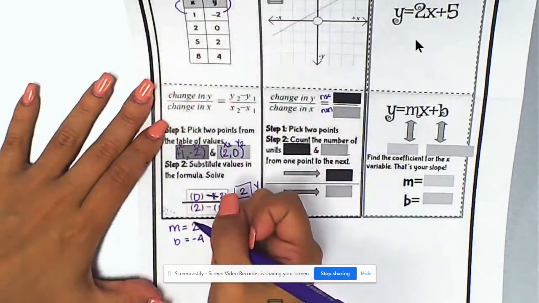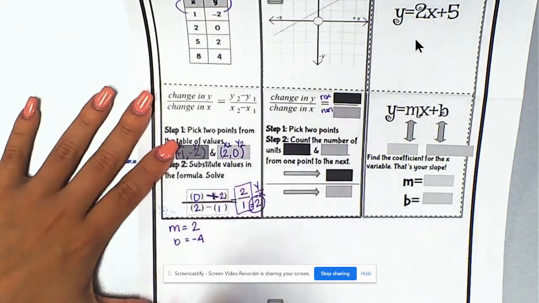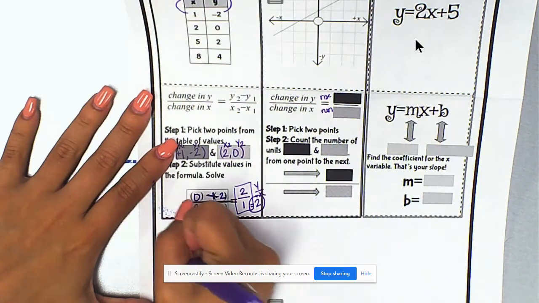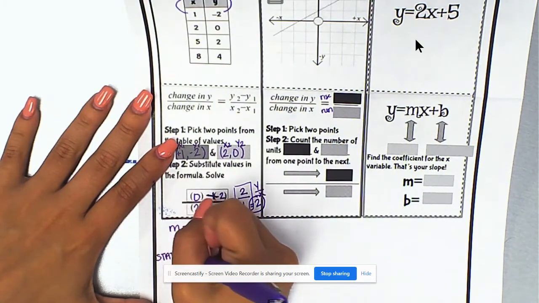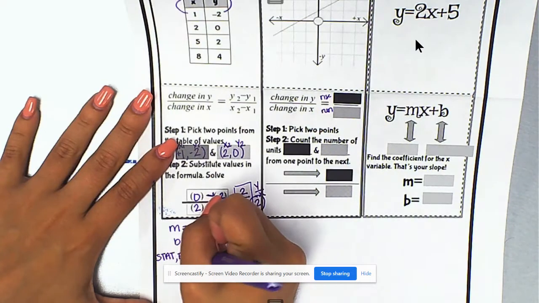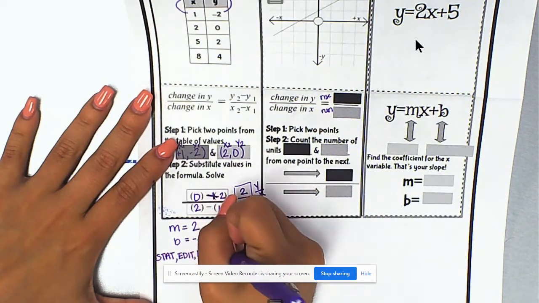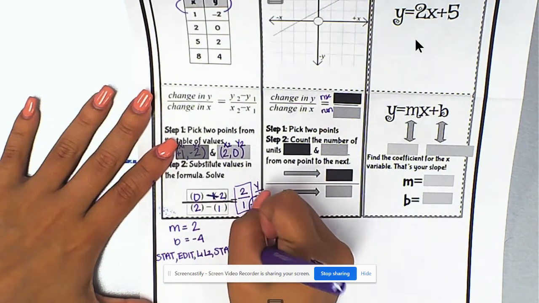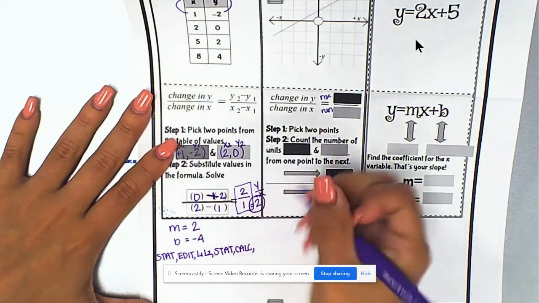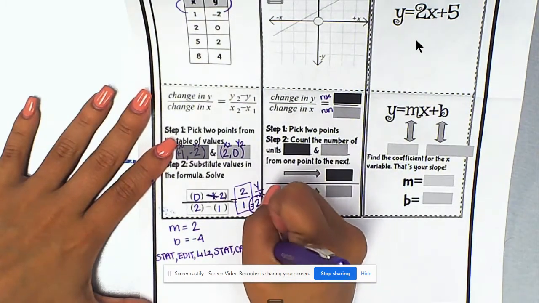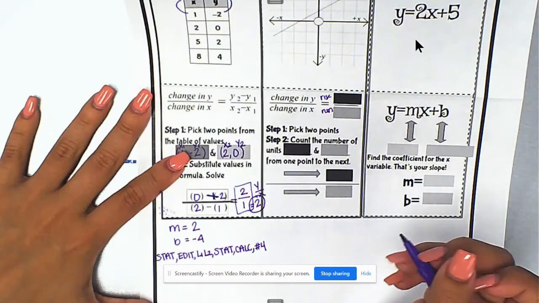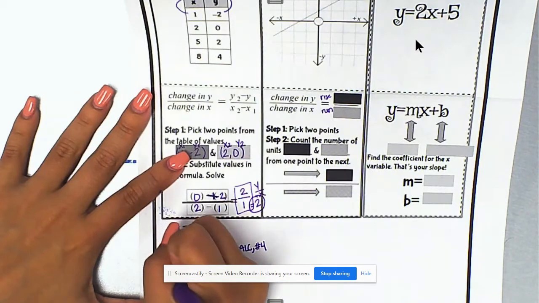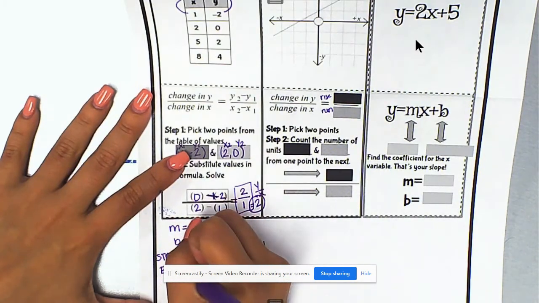So my y-intercept is -4. And actually, if you have a TI-84, there is a quick hack. You can do stat, edit, L1, L2, stat, calc 4, and then you're going to press enter 5 times.